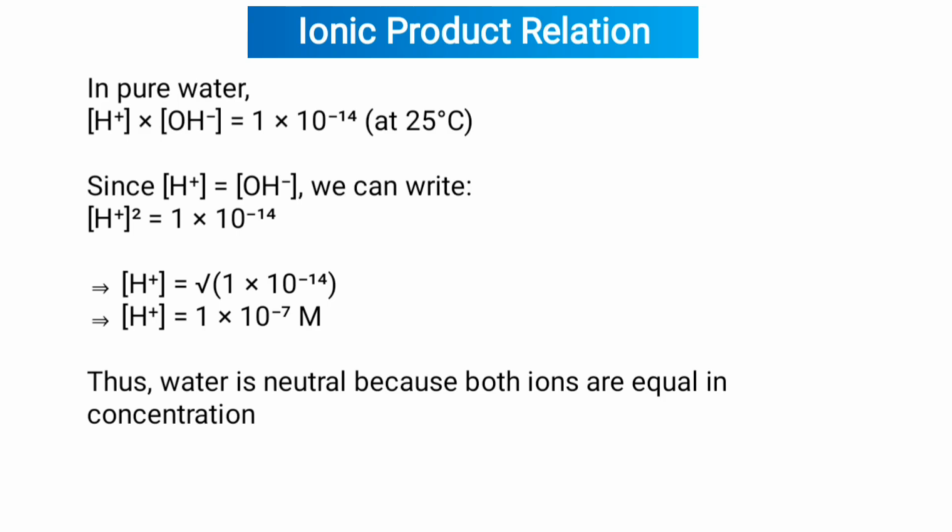It means that the concentration of H+ ion is equal to the square root of 1 multiplied by 10 raised to the power minus 14, meaning taking the square root on both sides. Now, the concentration of H+ ion is equal to 1 multiplied by 10 raised to the power minus 7 M. Thus, water is neutral because both ions are equal in concentration.